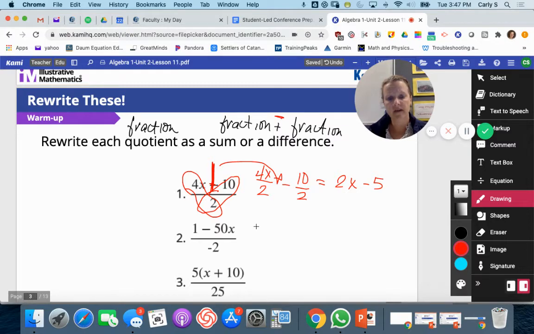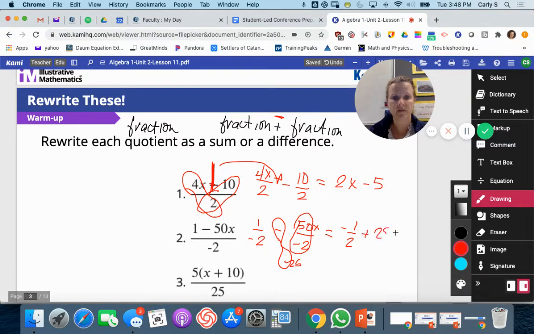Here I have another minus, so I'm going to put that negative 2 under both the first term, which is the constant 1, and the second one, 50x over negative 2. We can simplify. I get negative 1/2 at the beginning, and then I have minus 50x over negative 2. That simplifies to negative 25, but then I have a negative that I need to include there, so that'd be plus 25x.